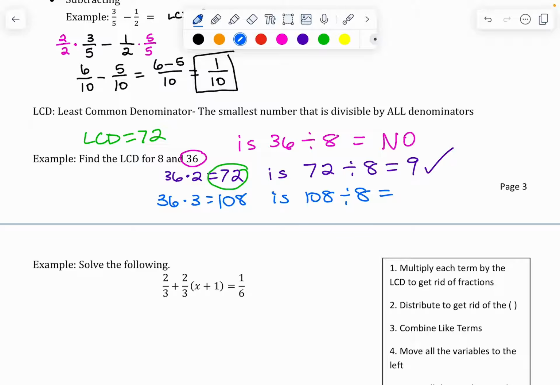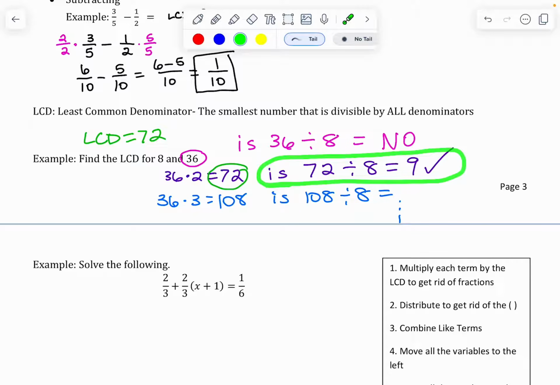And we would keep going until we got the yes that we needed. Now, we already got it because 72 is divisible by 8, so we already found the LCD as 72. This 8, the 8 that we're dividing by, here, here, and here, is coming from the other number that we're talking about.